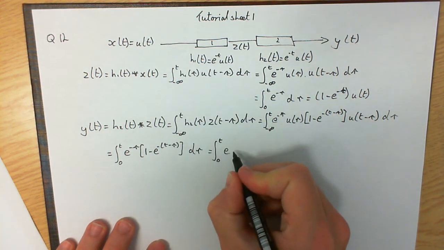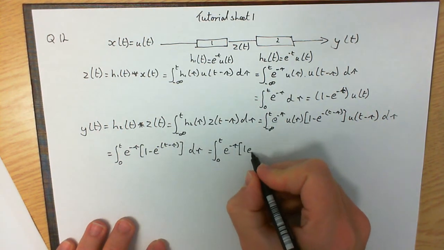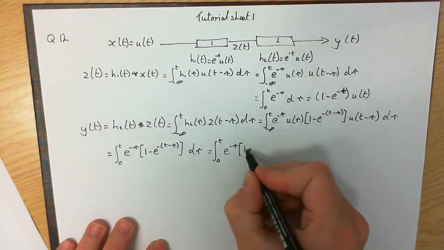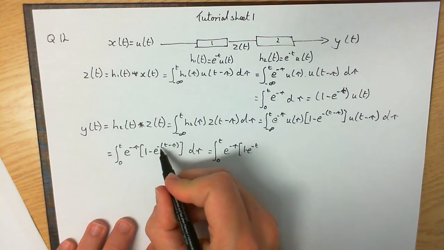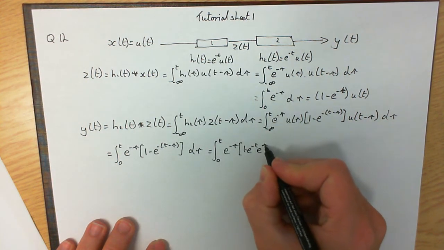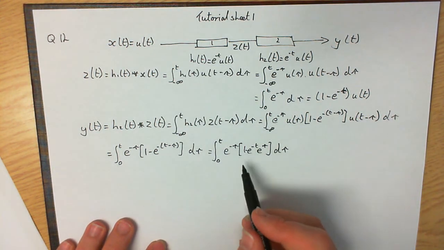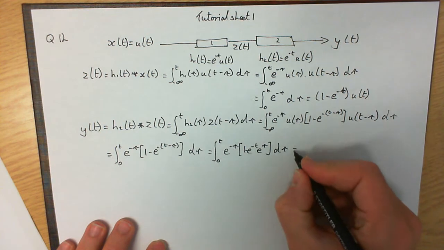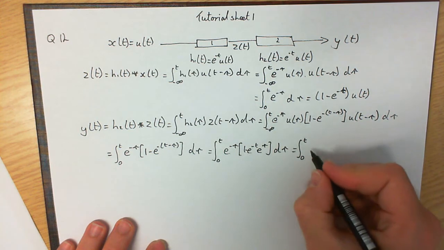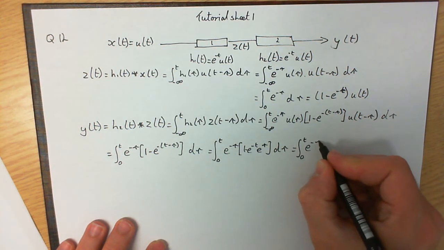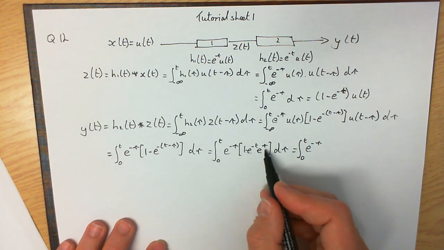we have e to the minus tau into 1. First of all, I'm just going to expand this bit out, so we've got 1 minus e to the minus t from this, multiplied by e to the tau d tau. Again, we can multiply this out a little further, so we've got the integral from 0 to t of e to the minus tau multiplied by 1, and then e to the minus tau multiplied by e to the minus t e to the tau.